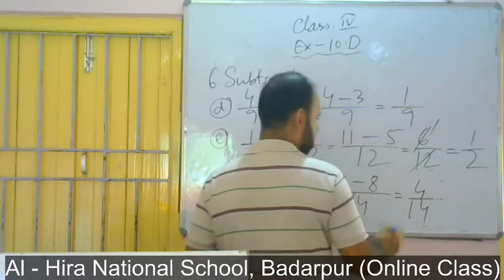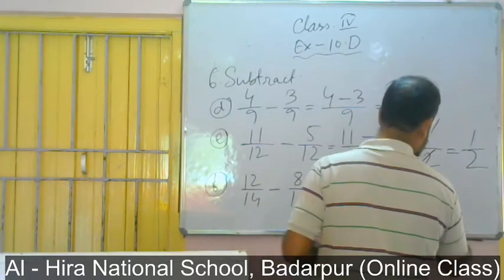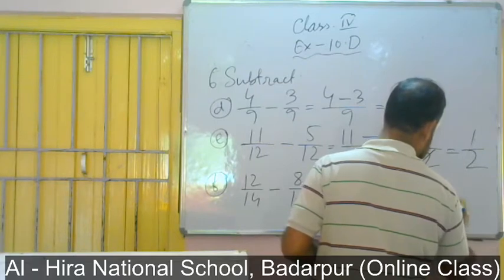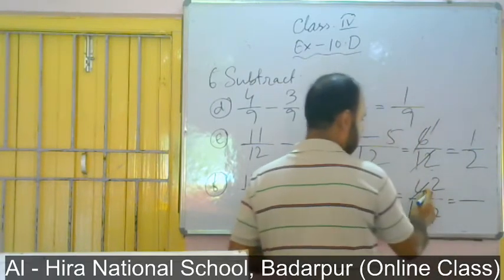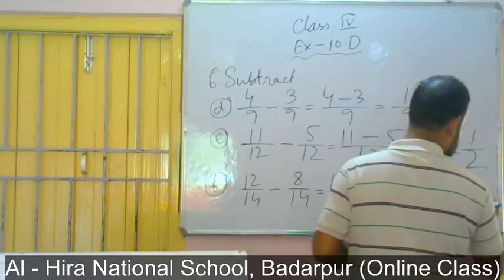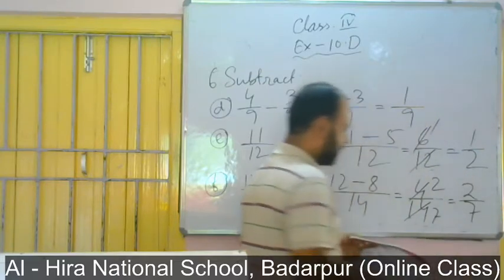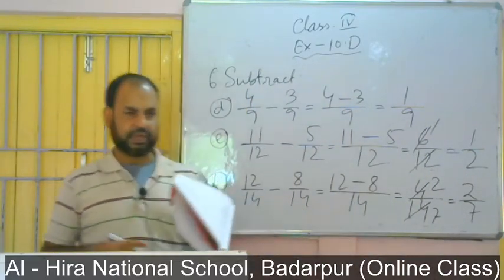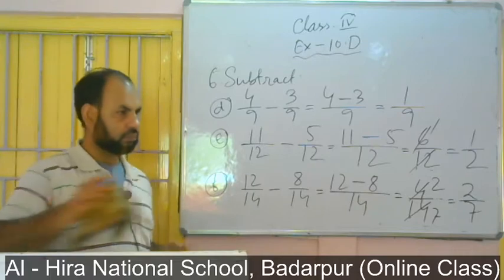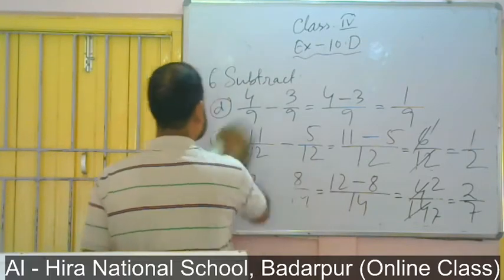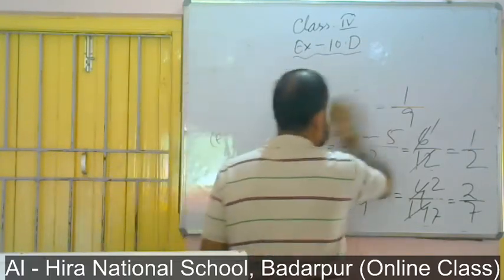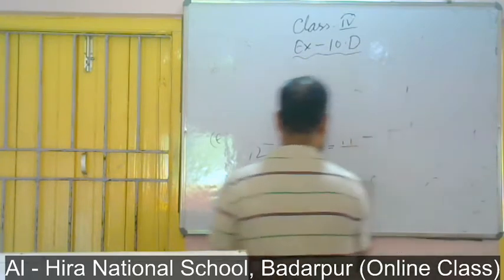Now we cut by 2: 2 2s are 4 and 2 7s are 14. Answer is 2 by 7. Next, question number 7.